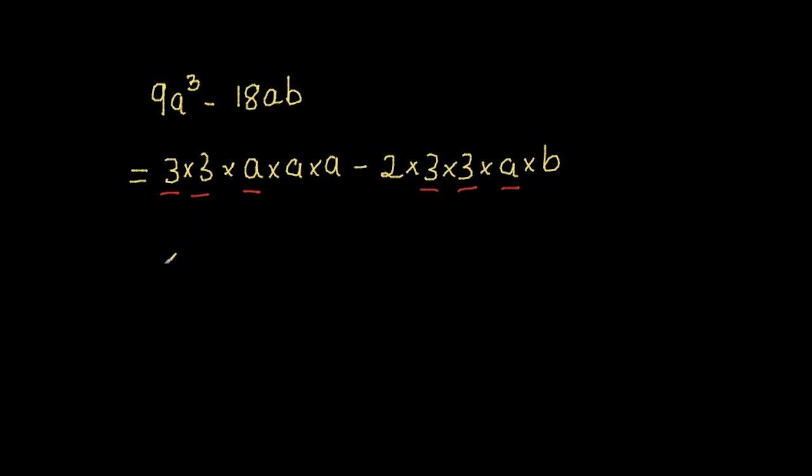So we pull out 3 times 3 times a. We insert the brackets, and now what remains: here we have a times a, so let's write that down. Then we have a minus, and here we have 2 times b.